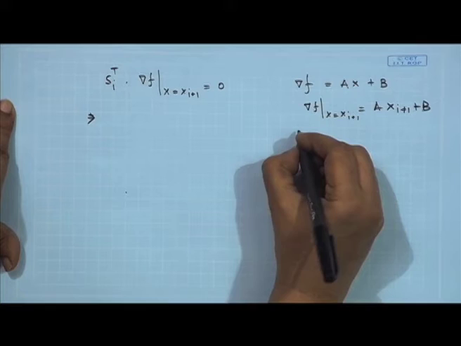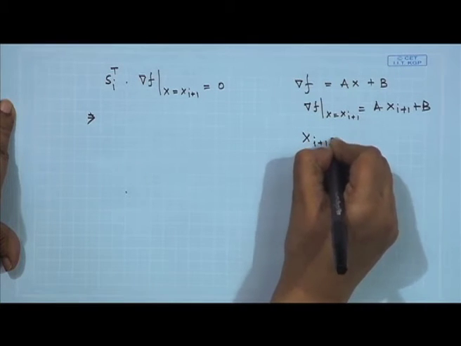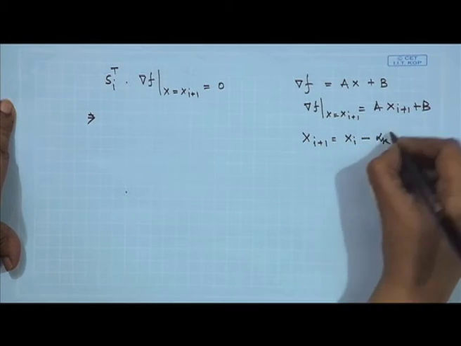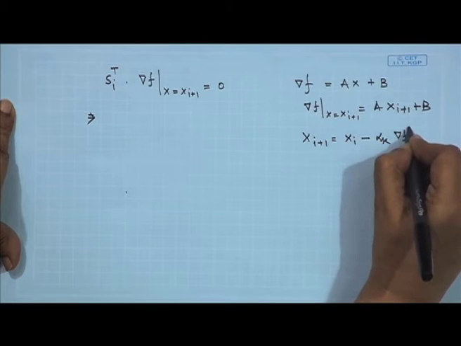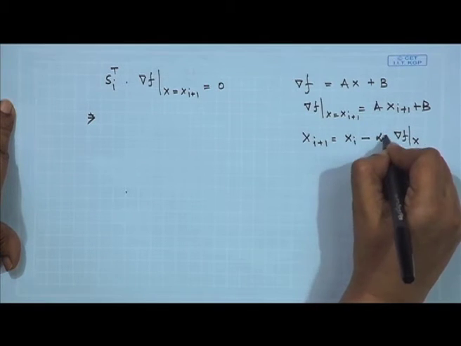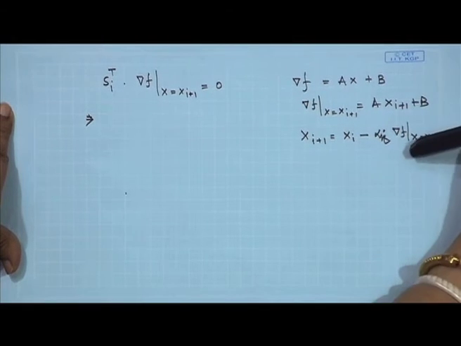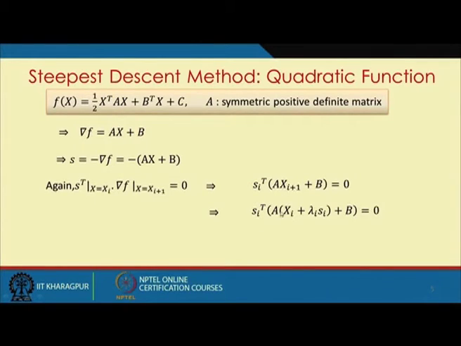What else do we know? We know that xi plus 1 is equal to xi minus optimal alpha into grad of f at x equal to xi. We know that. That is why if we substitute that fact here, then we can write A of xi plus 1, and instead of alpha, here it has been considered as lambda, there is no harm in it, alright.